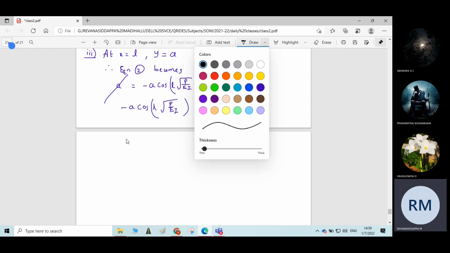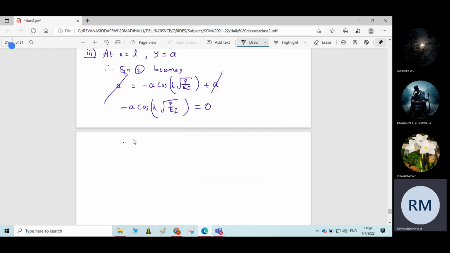Multiplying by minus 1 on both sides, it becomes A cos L root P by EI equal to 0.